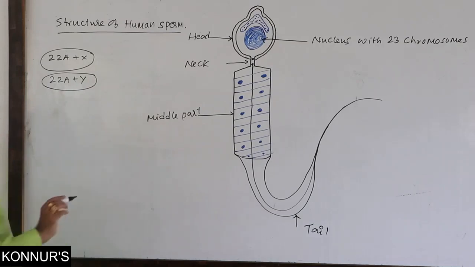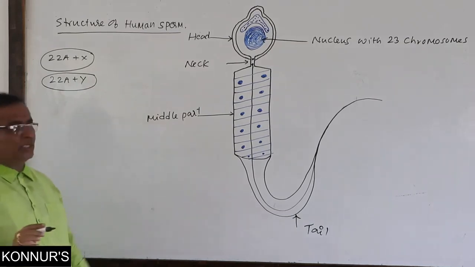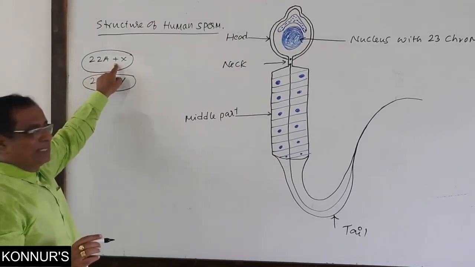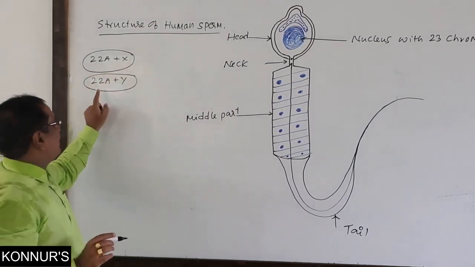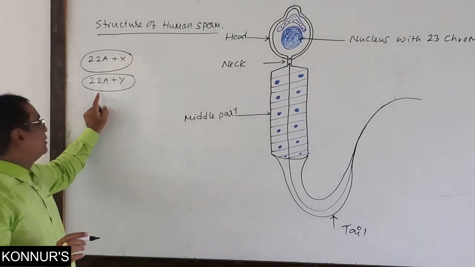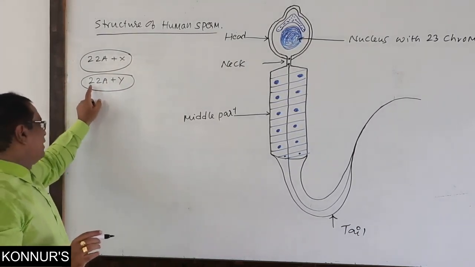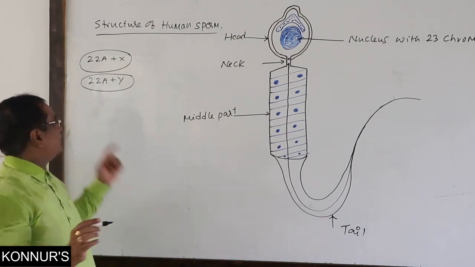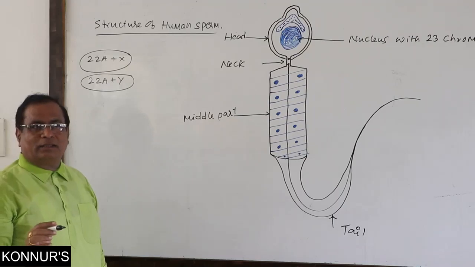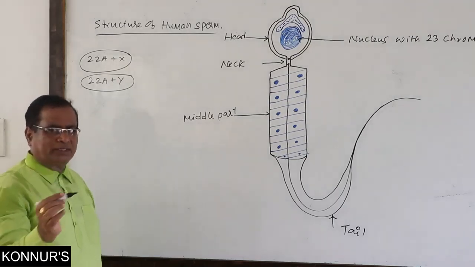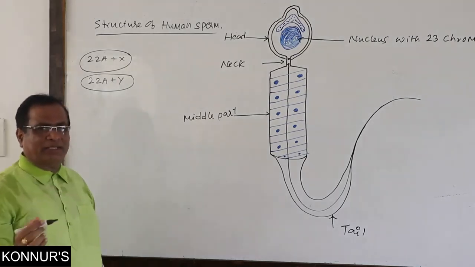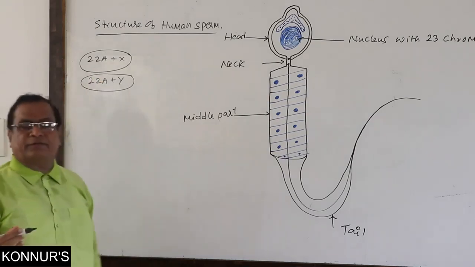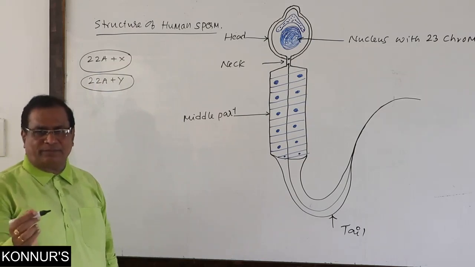There are two types of sperms. Some sperms are having 22 autosome plus X chromosome, and other 50% of sperms are having 22 autosome plus Y chromosome. Due to this, human males are named as heterogametic. It means two different types of male gametes are produced.